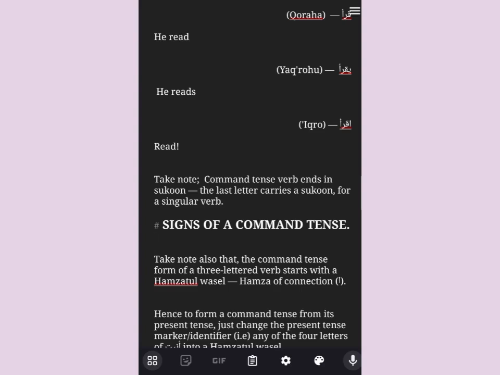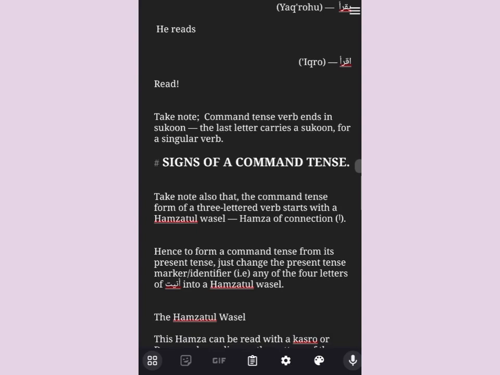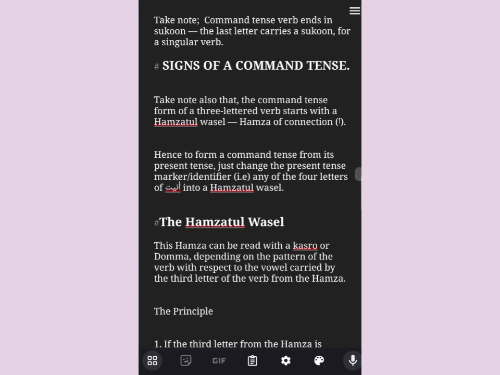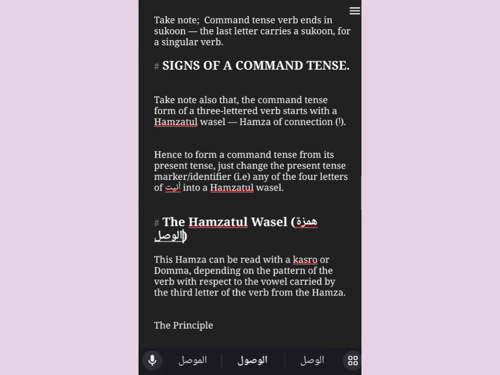Alright, so let's look at what a hamzatul wasl is. Hamzatul wasl, like the name implies, is a hamza of connection; wasl means connection.